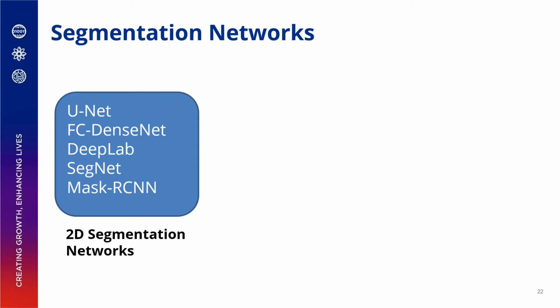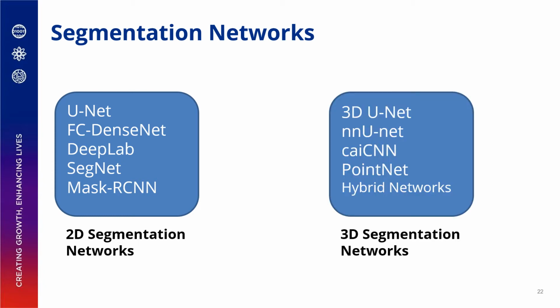You have DeepLab, you have SegNet, which as the name suggests is for segmentation, and you have Mask R-CNN, which can also do segmentation. In 3D, you have things like 3D U-Net, you have nnU-Net, which stands for no new U-Net, a very interesting paper. You have Chi-CNN, which is what we came up with, PointNets for RGBD data, and some hybrid networks that use a combination of 2D and 3D information.